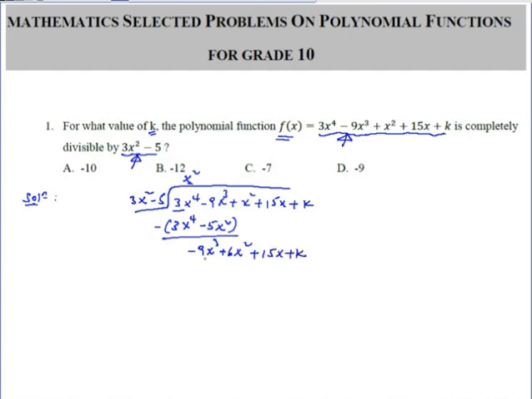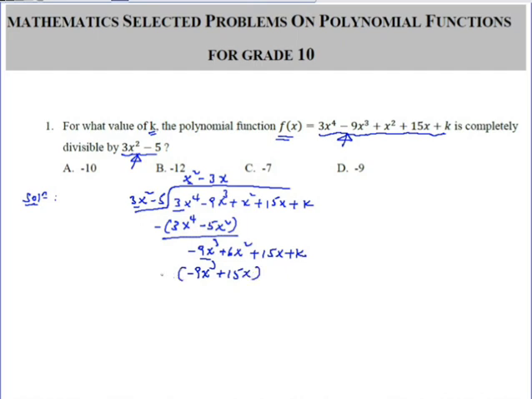Again, let's divide minus 9x cubed by 3x squared. The result will be minus 3x. Minus 3x times 3x squared is minus 9x cubed, and minus 3x times minus 5 is positive 15x.